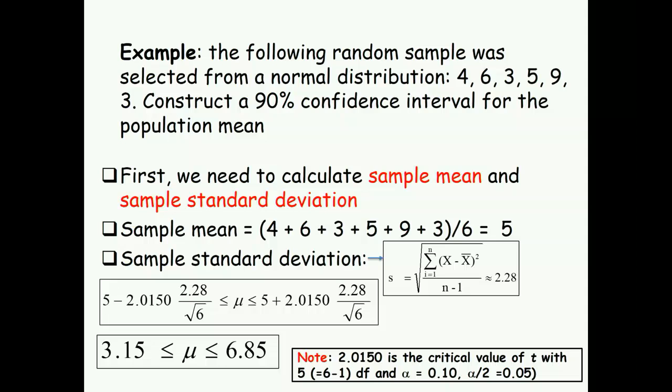Then you go to the table. 90% means 10% outside, 5% to the right and 5% to the left. How many degrees of freedom do we have? 1, 2, 3, 4, 5, 6, so 5 degrees of freedom, exactly.